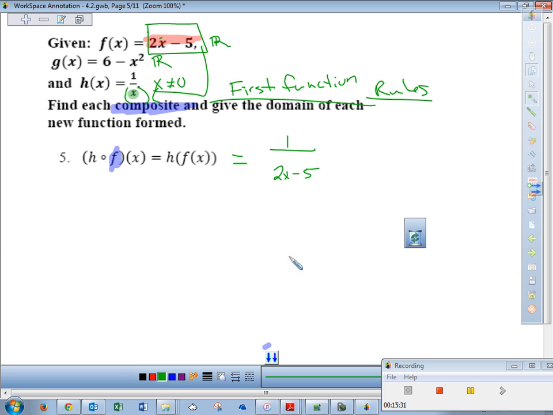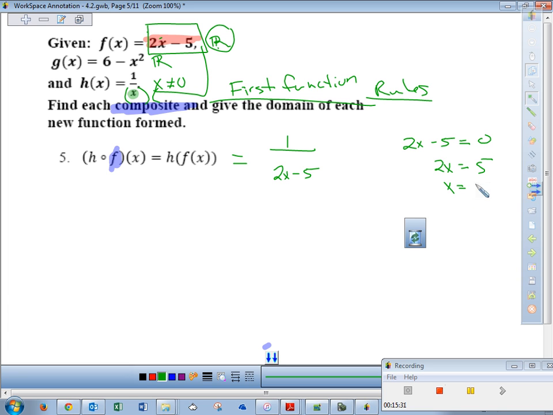Awesome. Now I need to write his domain. Was there any original restrictions? No. F was all reals. This is the function right here, correct? Is there any x in the denominator now? Yes or no? So I need to figure out what makes him 0. If I pull this off to the side, wouldn't you add 5 to both sides?